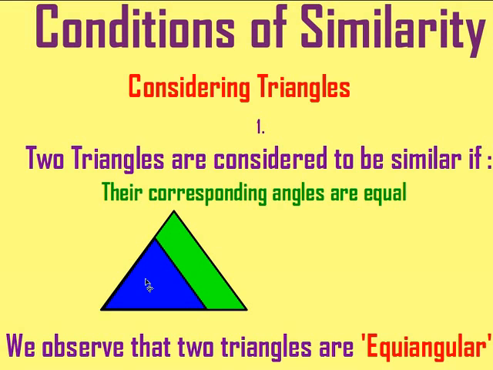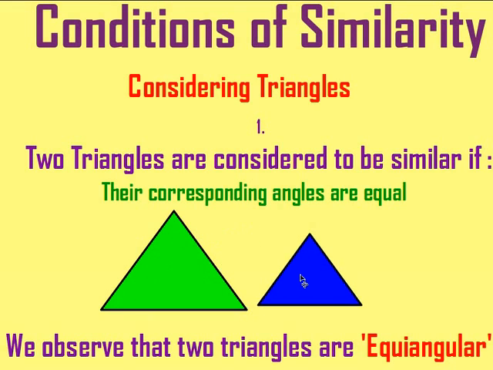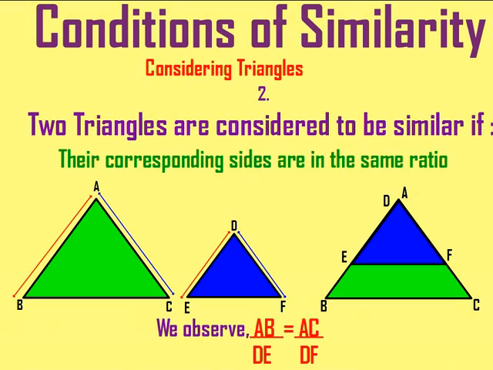They match again. Let's see the third angle on the right. Yet again. So we observe that the two triangles are equiangular. Let's see what the other conditions are.